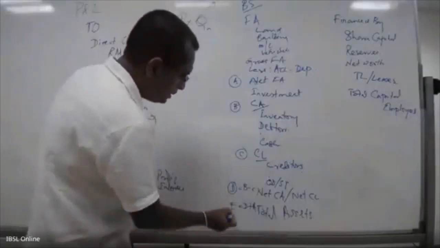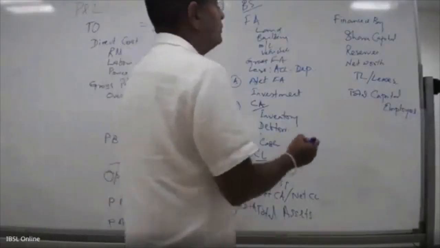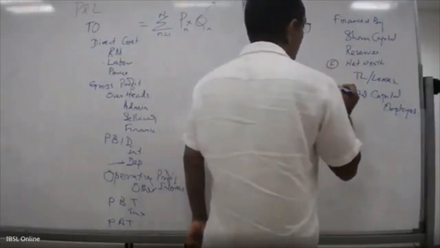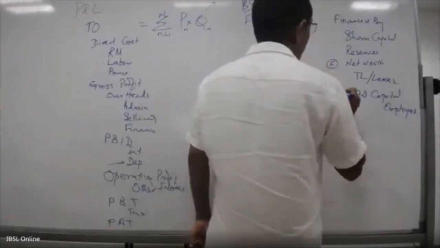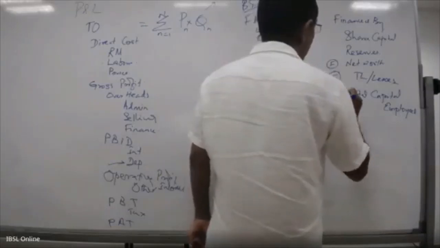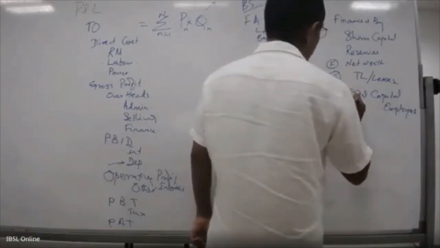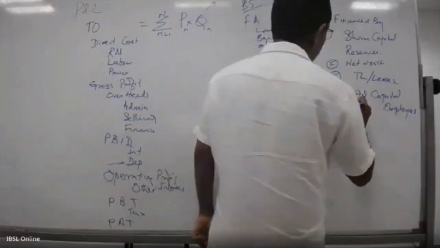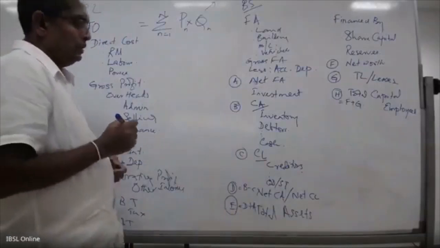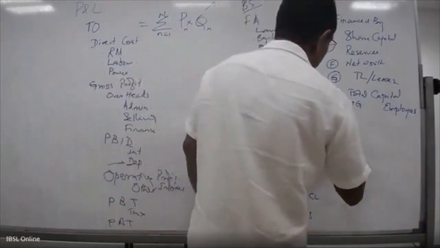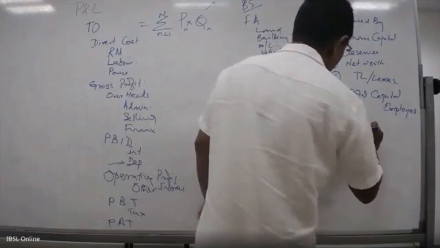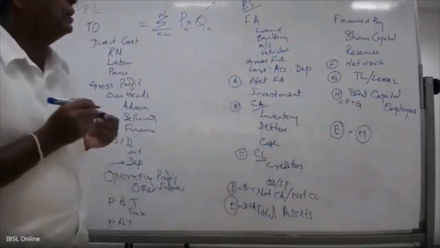This is E, this is F, G, H equals F plus G, right? Then E should be equal to H, right?